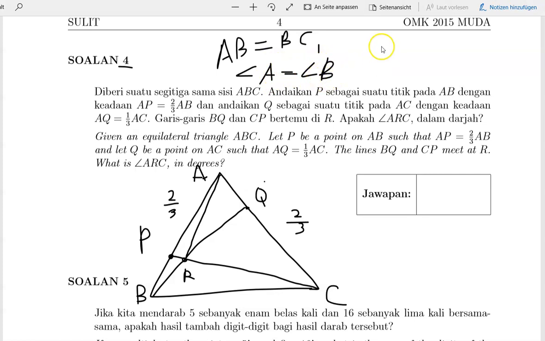And then AQ is also equal to PB, both are 1/3 of the side of the equilateral triangle. So here we can say that triangle BAQ is congruent to triangle CBP.